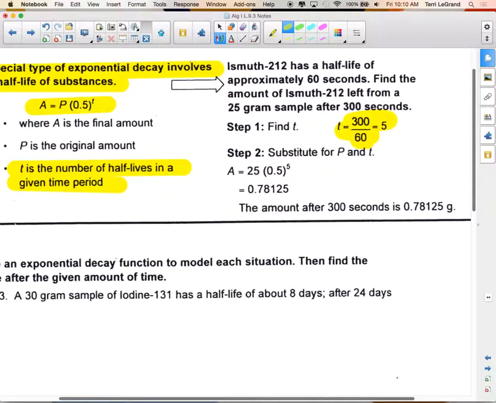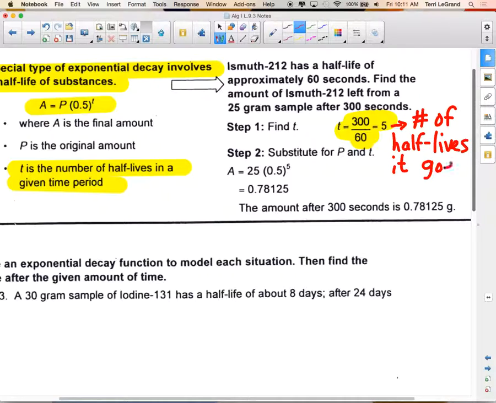So I want you to write right here that this 5 is the number of half-lives it goes through. So how many times did it get cut in half? 5 times.